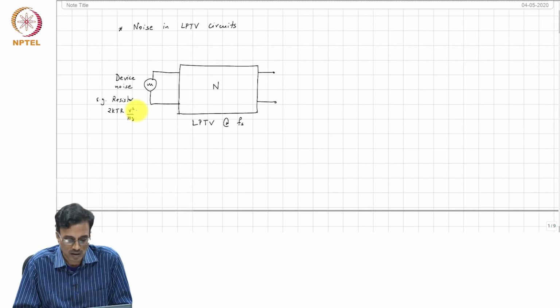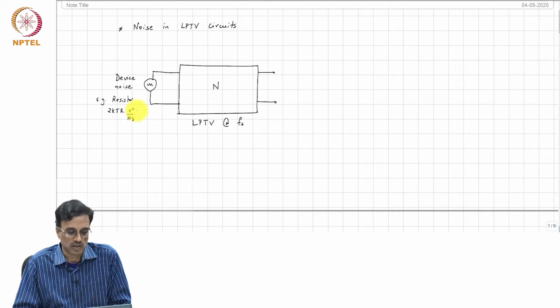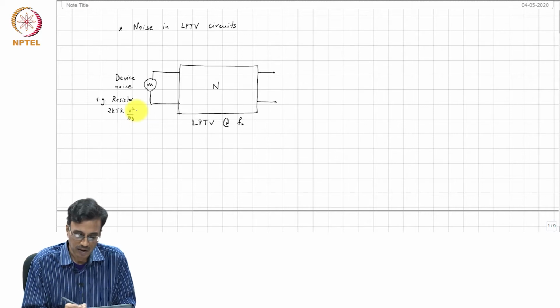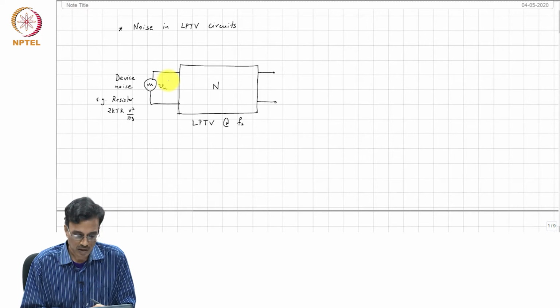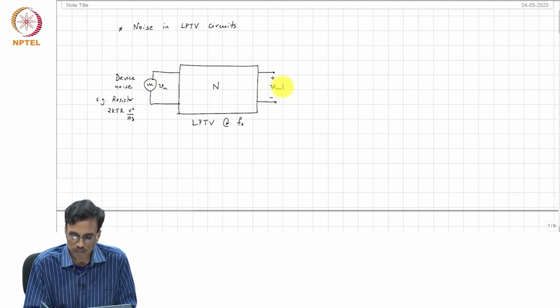So, the bottom line is that you can think of device noise as being some spectral density that is known from the physics of either the device or the component. In this case I am just assuming that this is an input noise voltage, and the output of the system is some V out.